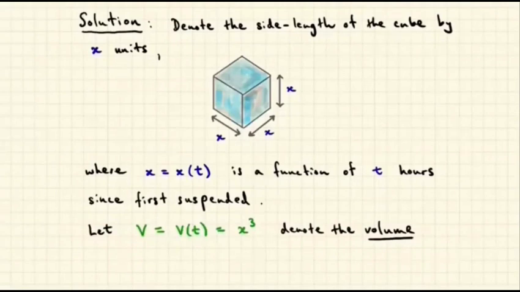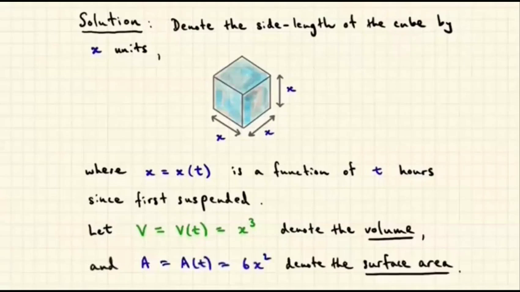And also the surface area of the cube, denoted by A, which is another function of time and takes the value 6x squared because there are 6 faces to the cube. So we have these 3 quantities associated with the melting ice cube: x, V, and A, all functions of time.